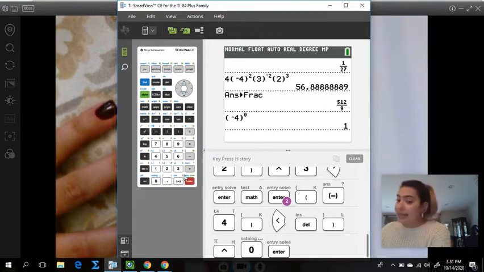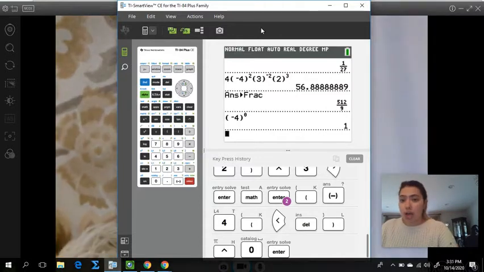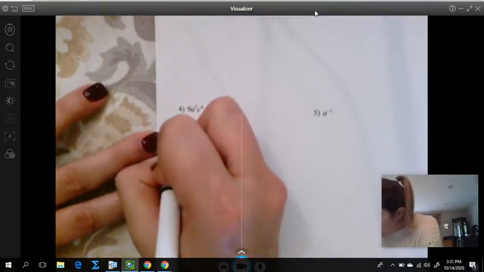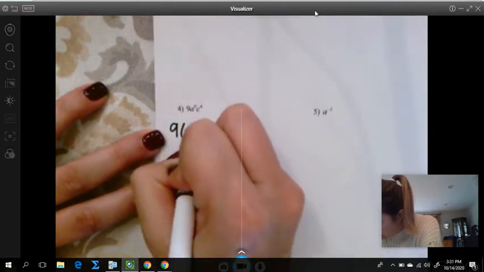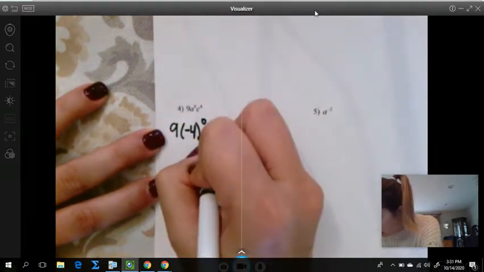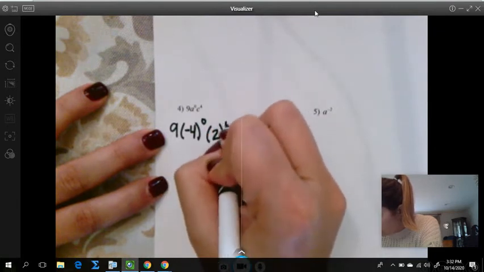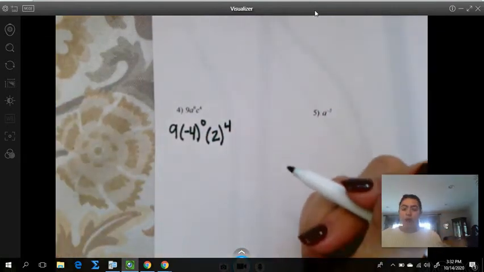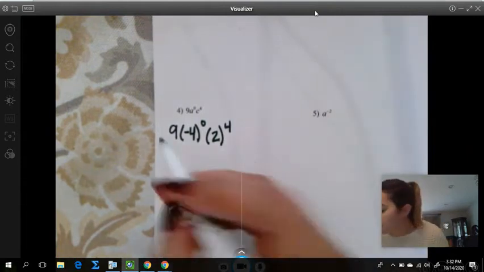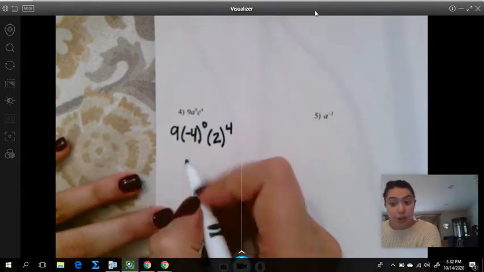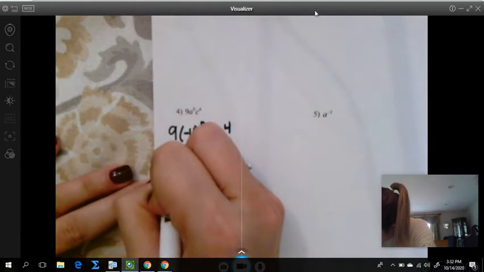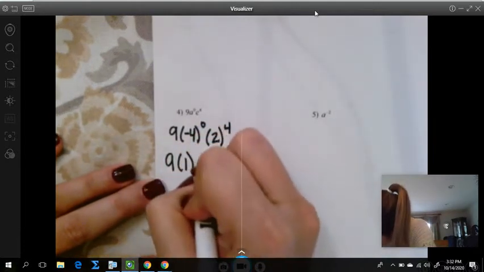Remember, anything to the 0th power is just 1. So if we have 9 times -4 to the 0th power times c, which is 2 to the 4th power, let's go through this one by hand. -4 to the 0th power is just 1, so that's 9 times 1.